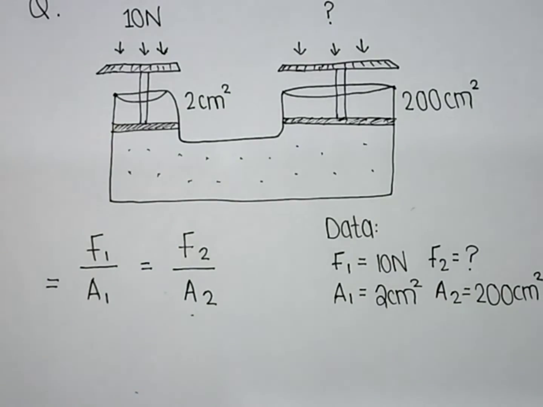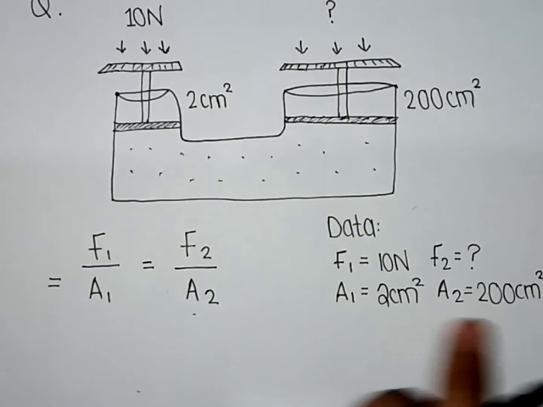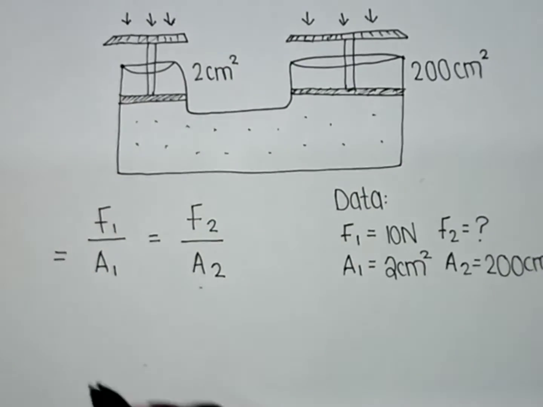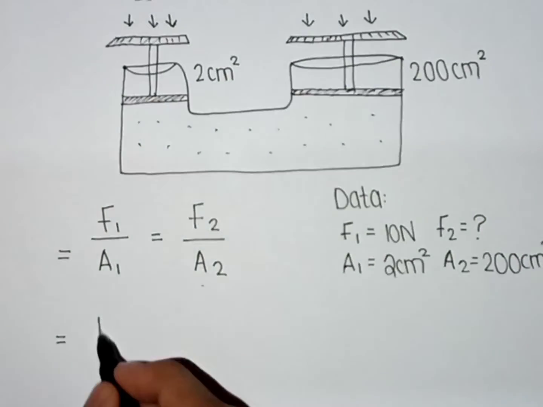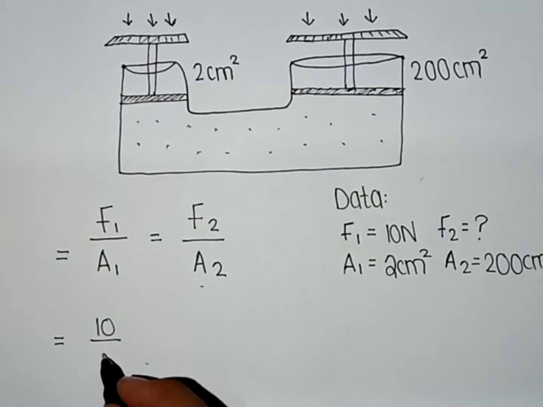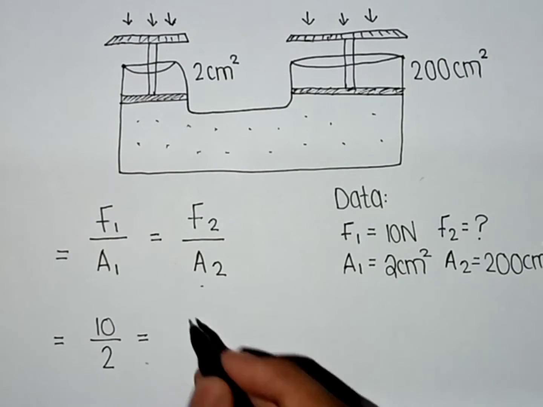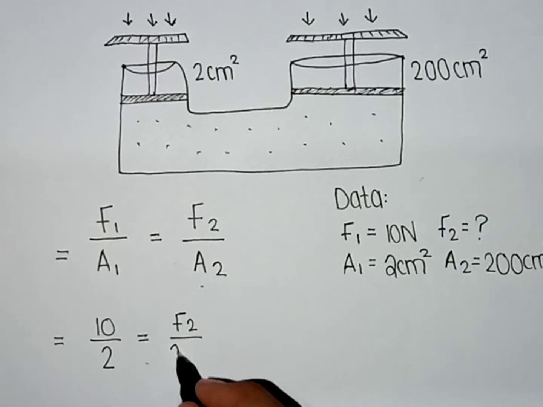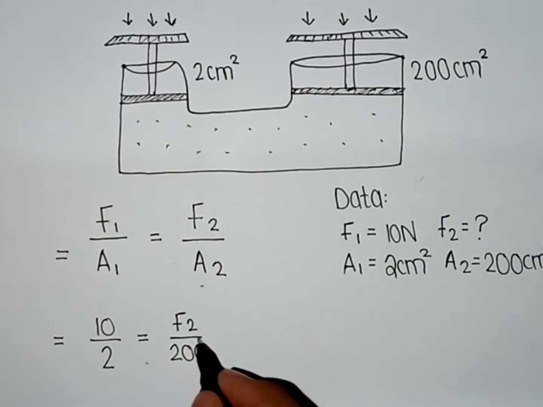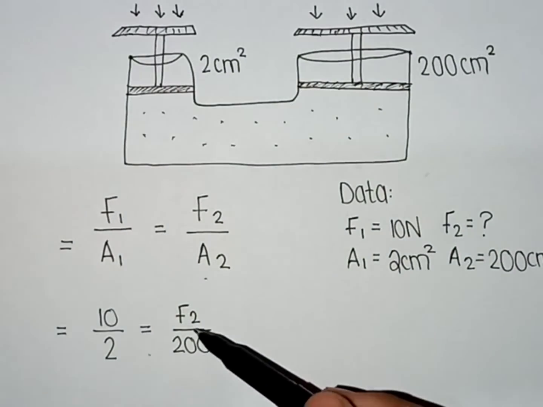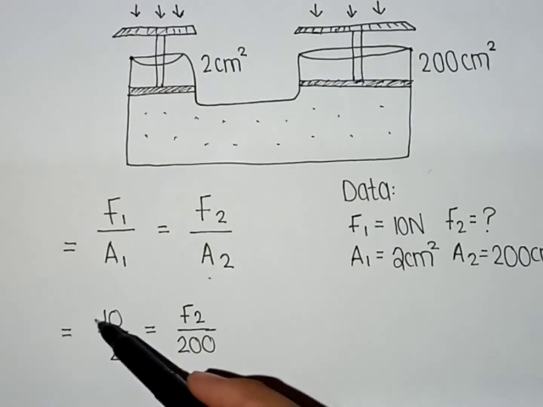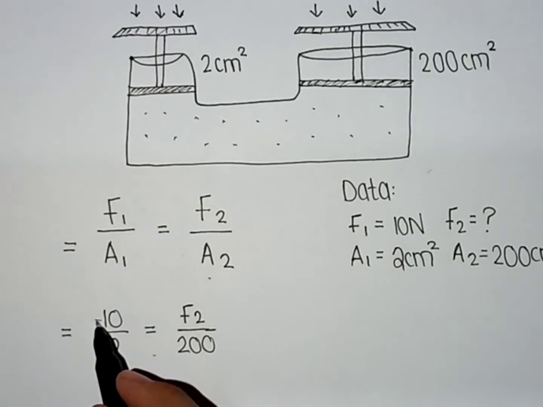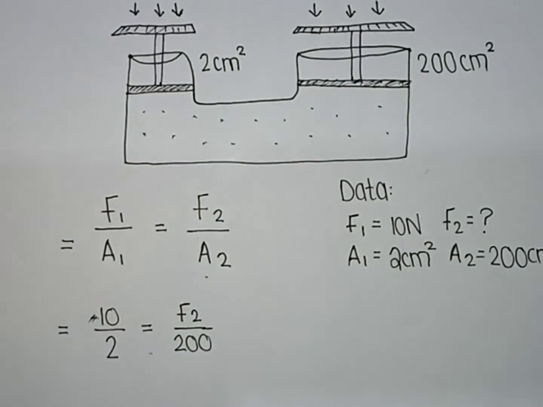Now we will put these values in the formula. 10 upon 2 is equal to F2 upon 200. Here 200 is dividing force 2, so we shift it and it will multiply there.